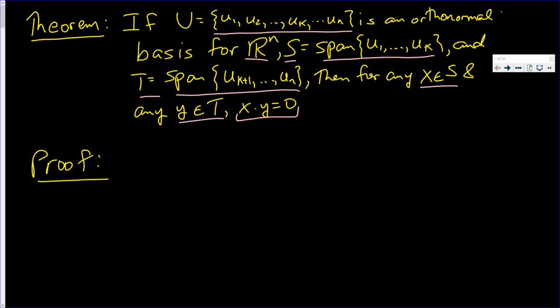So I think it's best to figure out what we're going to call x and what we're going to call y, and then compute the dot product, or at least talk about the dot product.